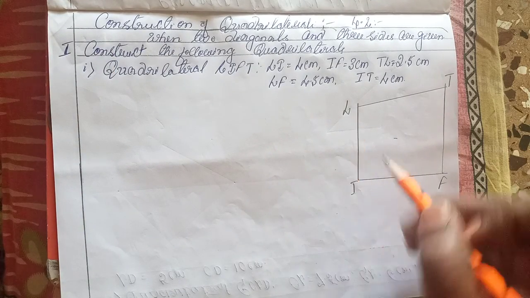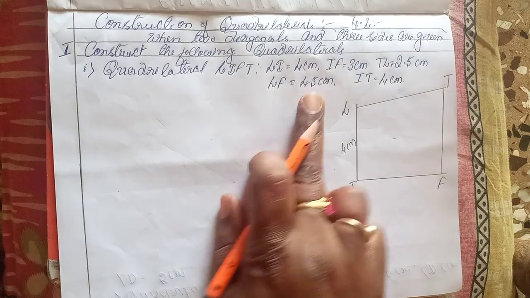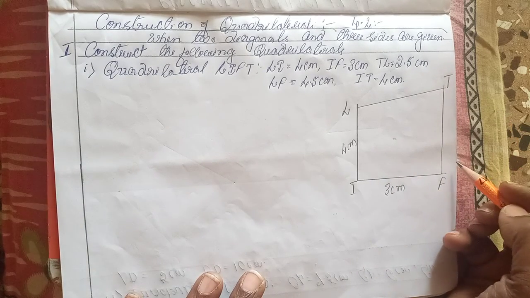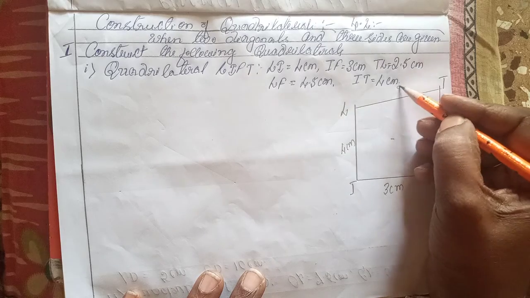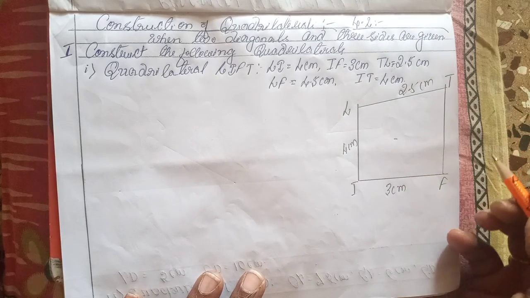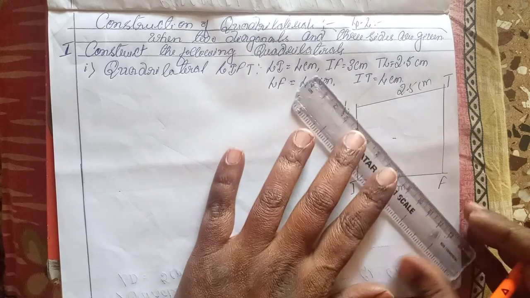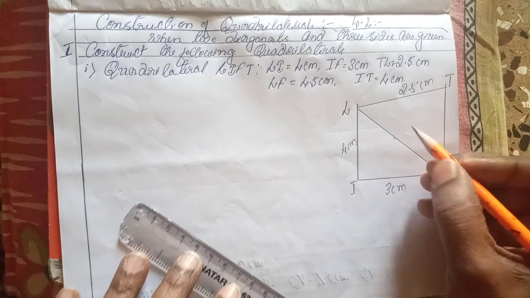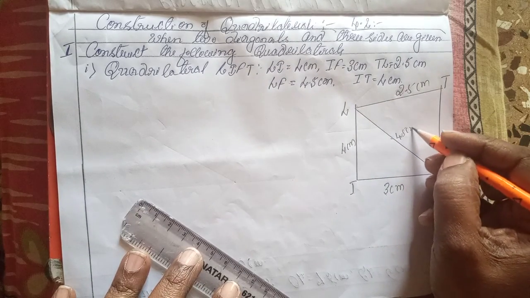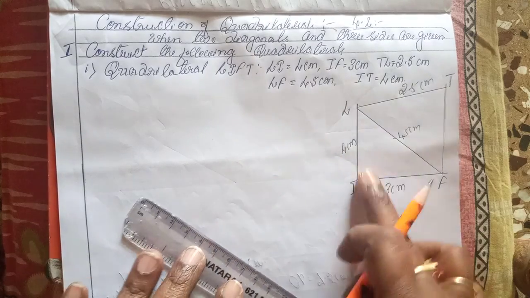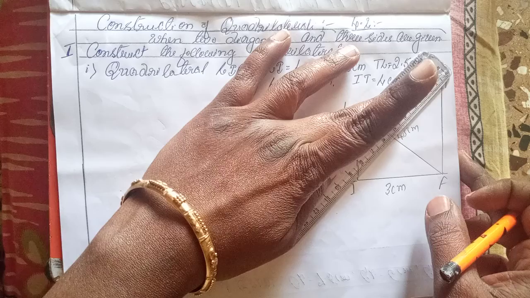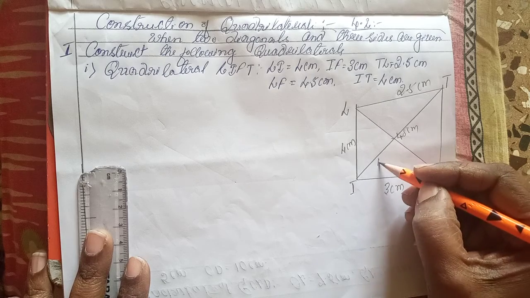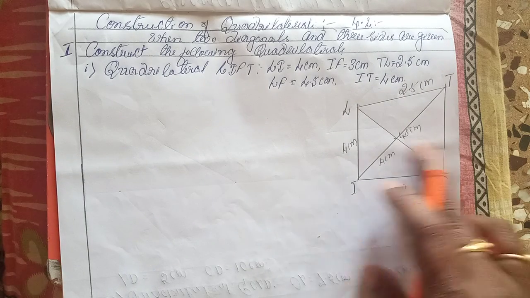In that, LI is equal to 4 cm, IF is equal to 3 cm, and TL is equal to 2.5 cm. LF is the diagonal, 4.5 centimeter is given, and IT, the other diagonal, is 4 centimeter.